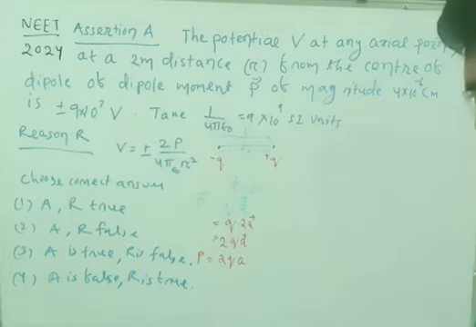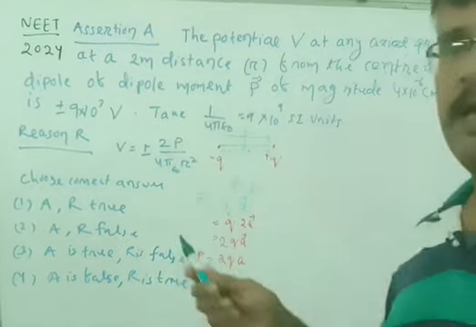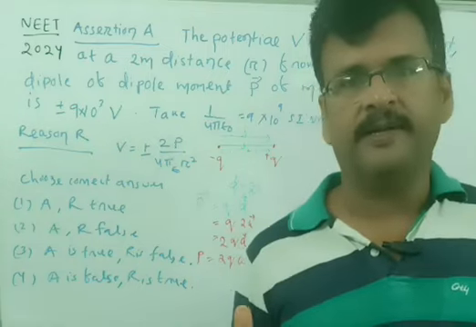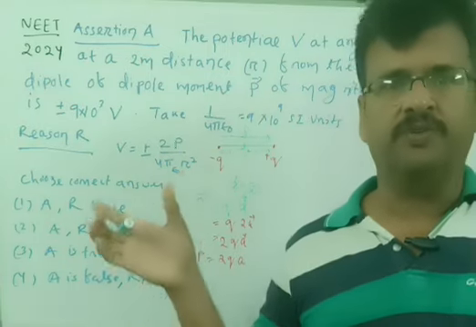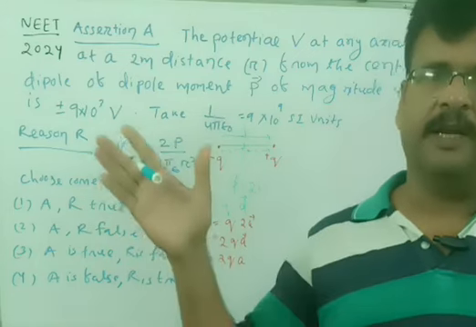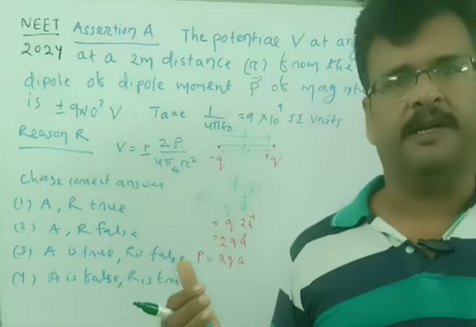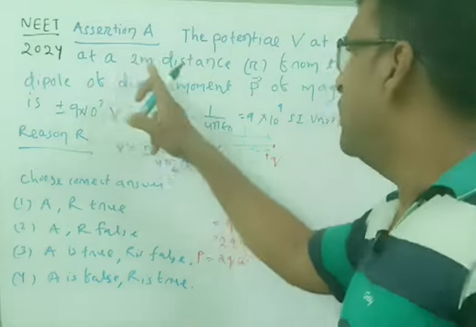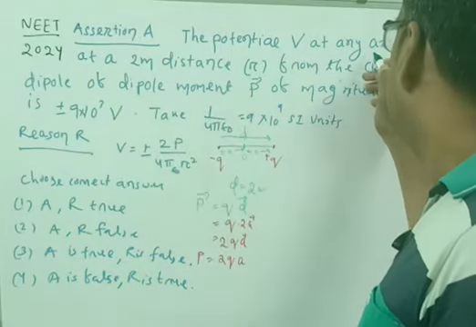Okay, student? Then we have studied how to calculate the potential due to this dipole at an axial point, at an equatorial point, and at any general point. Here in this question, it asks about an axial point.